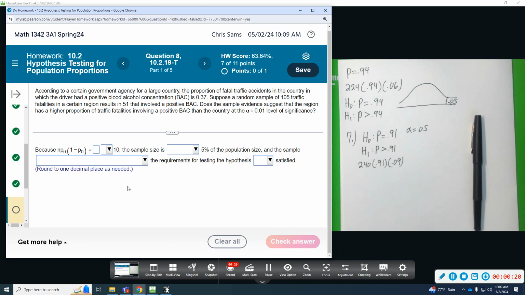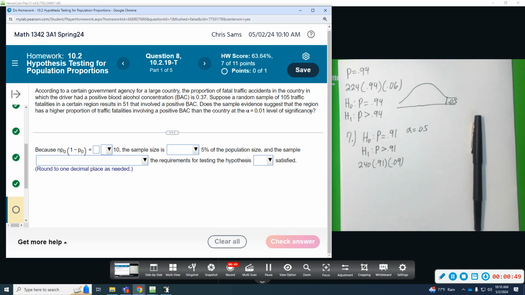Suppose a random sample of 105 traffic fatalities in a certain region result in 51 that involved a positive blood alcohol concentration. Does the sample evidence suggest that the region has a higher proportion of traffic fatalities involving positive BAC than the country at the 0.01 level of significance?